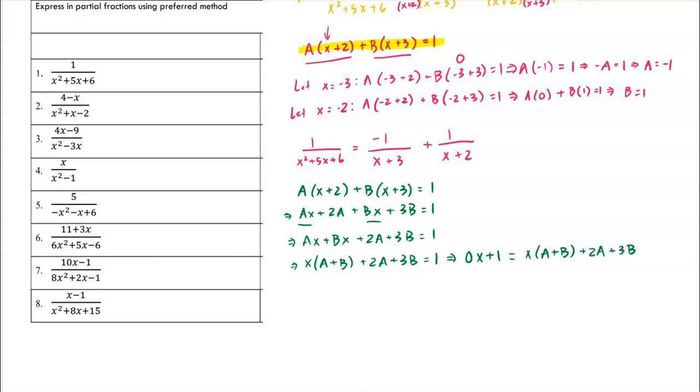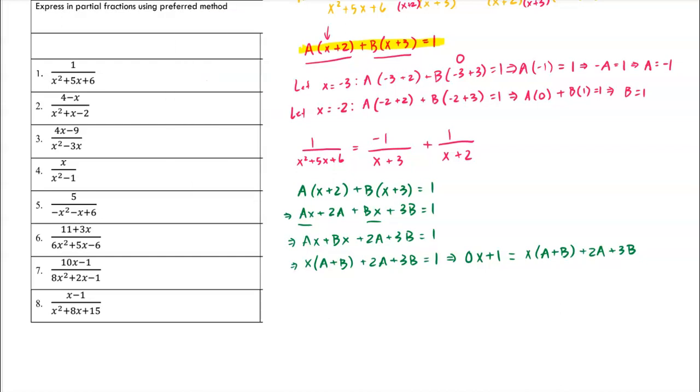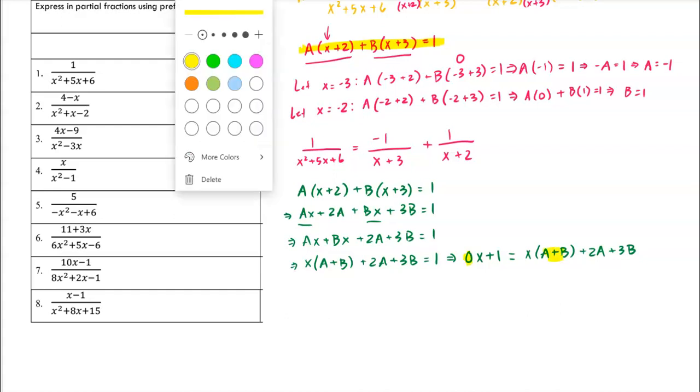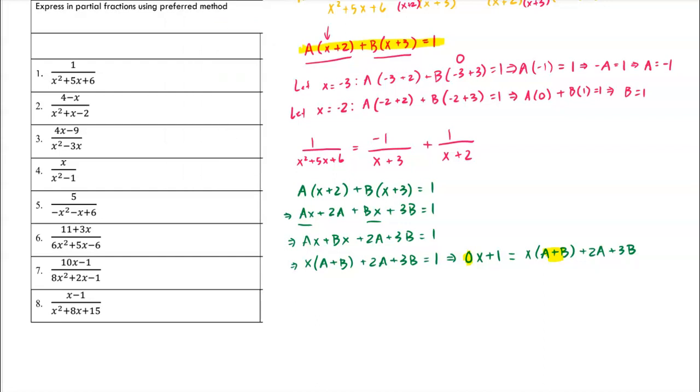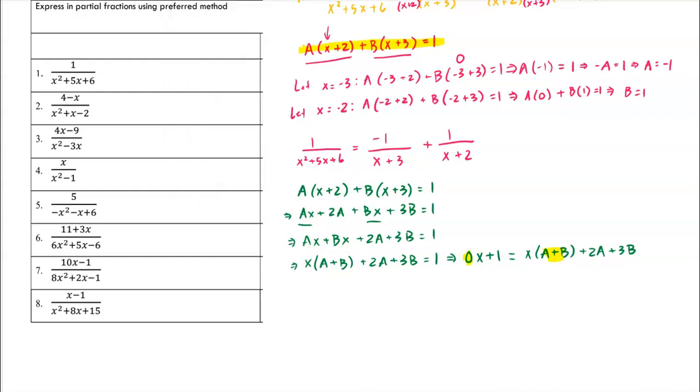Okay, so we have now set this up. Now we have a plus b equals 0, and 2a plus 3b equals 1.